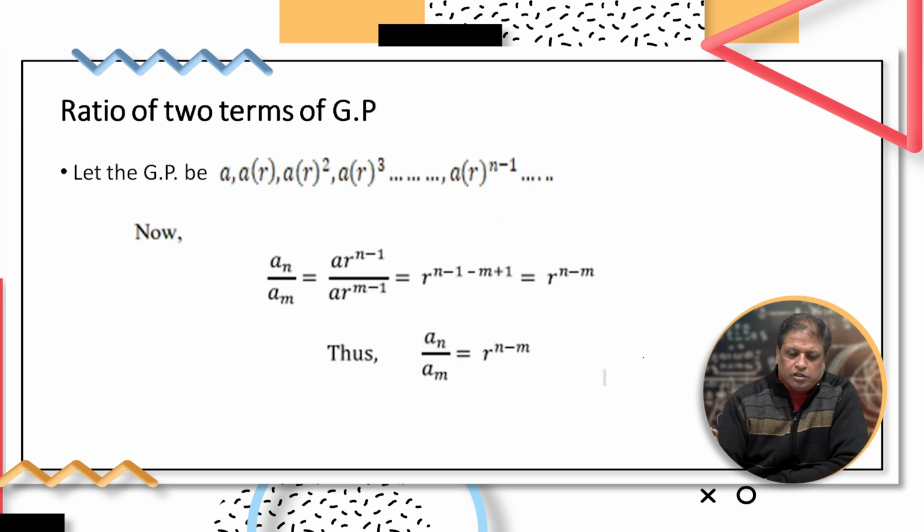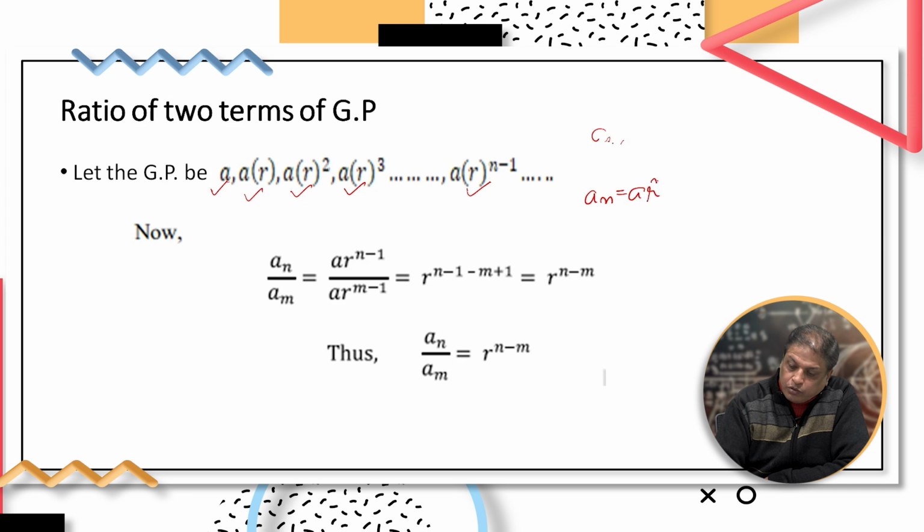Now, similarly, as we did in the arithmetic progression, where we find the difference between two terms, in the geometric progression, because the terms are being multiplied, the concept is extended to the ratio of two terms in the GP. If a given geometric progression is a, ar, ar square, ar cube up to ar to the power n minus 1, then the ratio of the nth term and the mth term is ar to the power n minus 1 over a r to the power m minus 1.